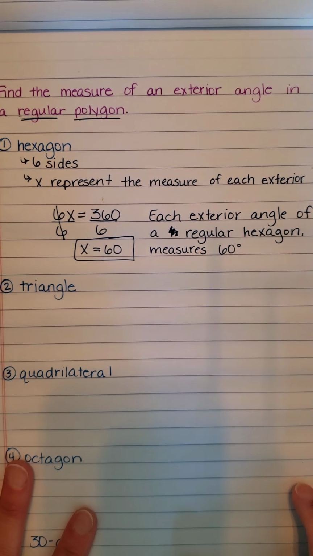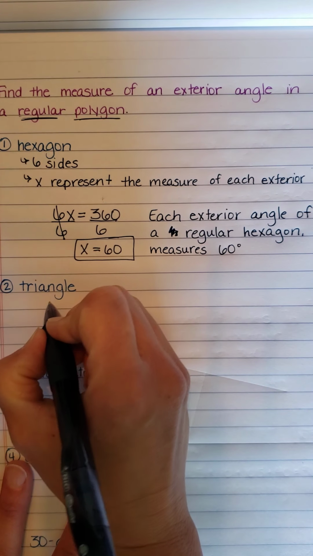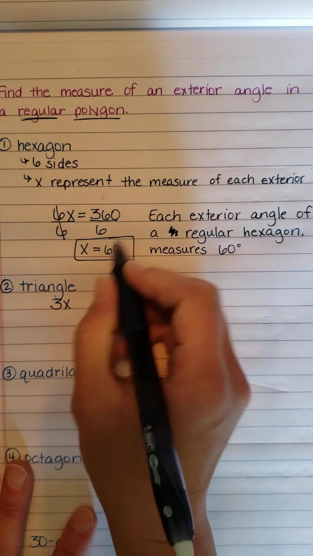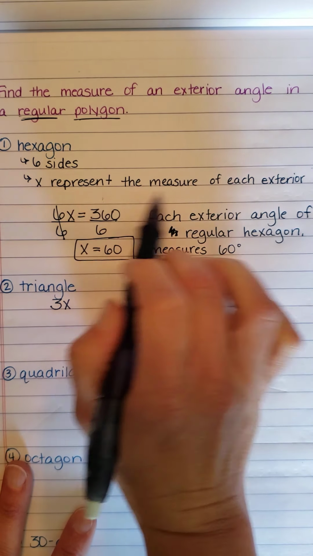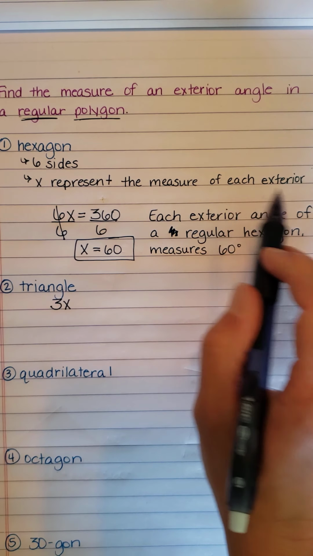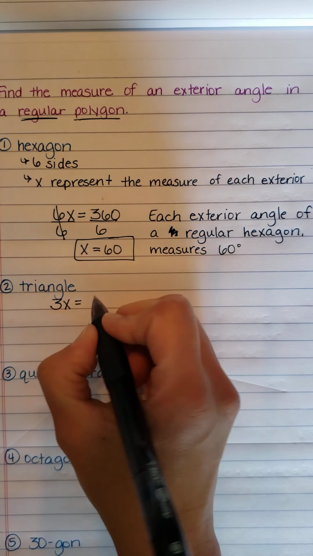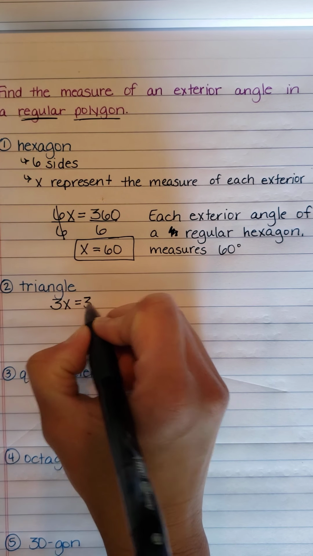So let's look at a triangle. A triangle has 3 sides. So that's going to be 3, the number of sides, times x to represent the measure of each exterior angle. If I take all of those measures and add them together, that's going to equal 360.